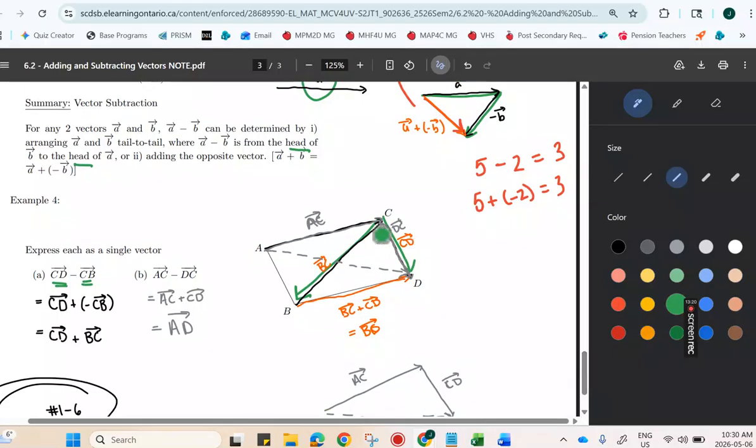So CD minus CB, so CD, and here's CB, which means that this vector here, going back to where you started, represents the vector CD minus CB, giving you vector BD.